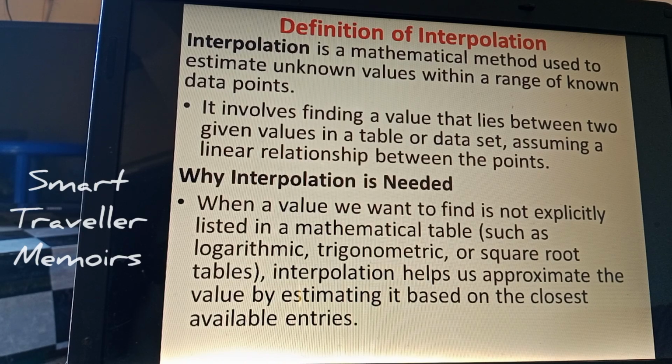Why is interpolation needed? It is needed when a value we want to find is not explicitly listed in a mathematical table, such as logarithmic, trigonometric, or square root tables. Interpolation helps approximate the value by estimating it based on the closest available entries.